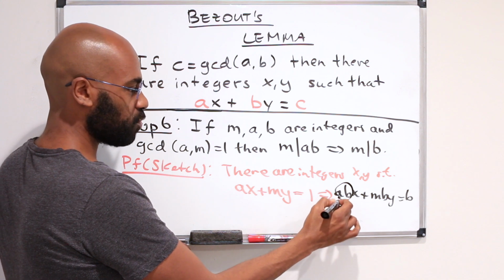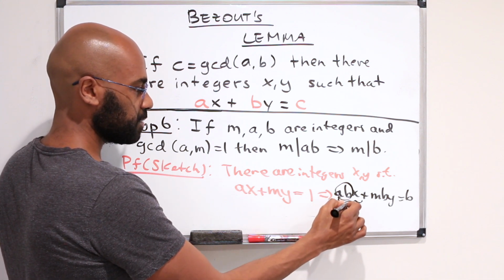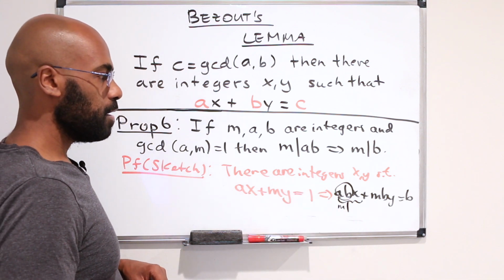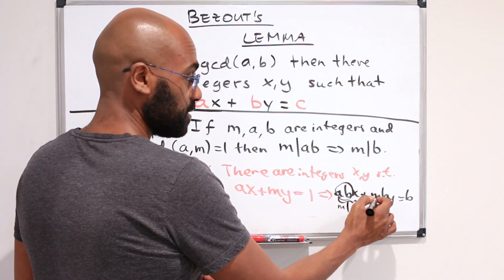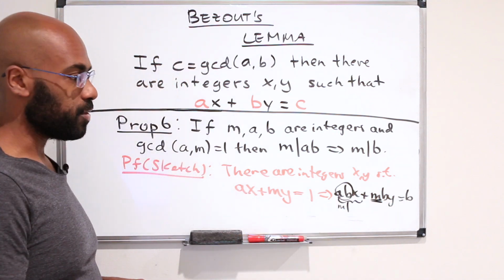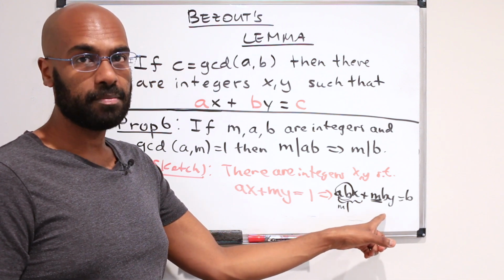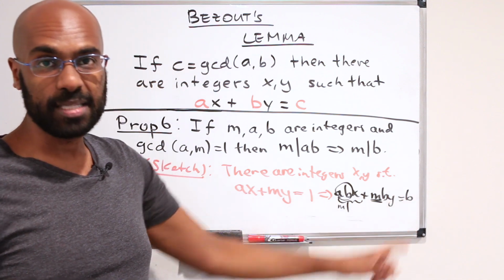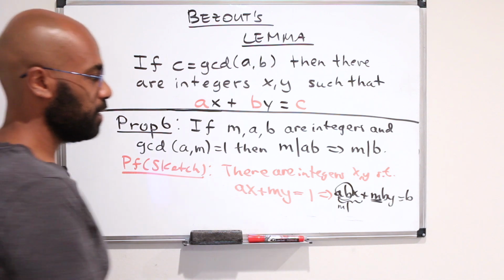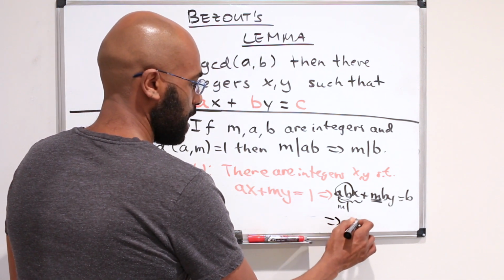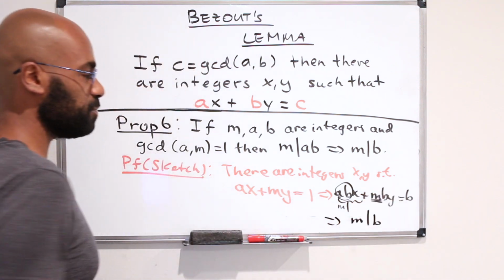So if m divides this quantity, then m divides this. But m automatically divides this because we have a factor of m right over here. So this expression here is a multiple of m plus a multiple of m. And so this right-hand side must be a multiple of m as well. So this implies that m has to divide that right-hand side, which is b itself.